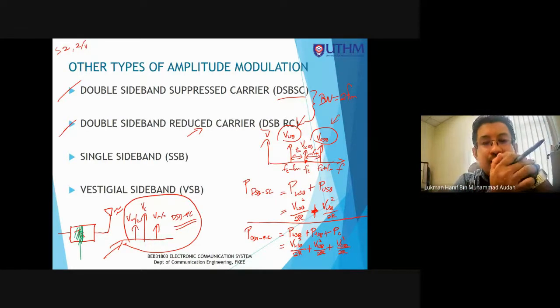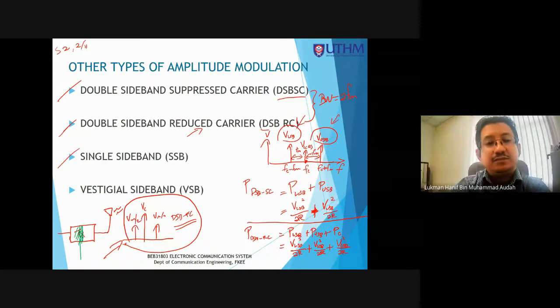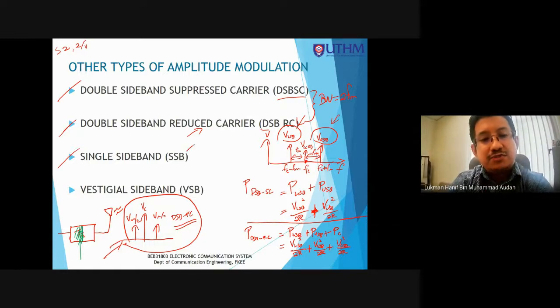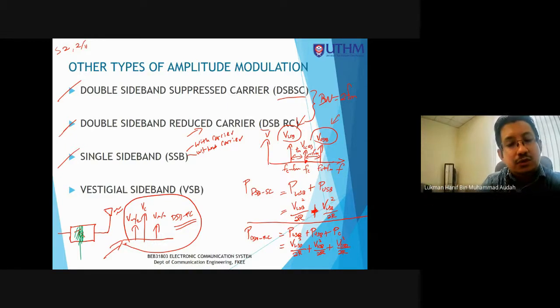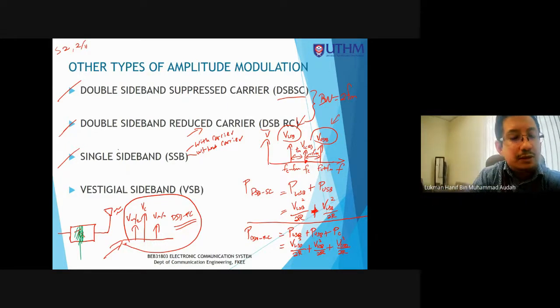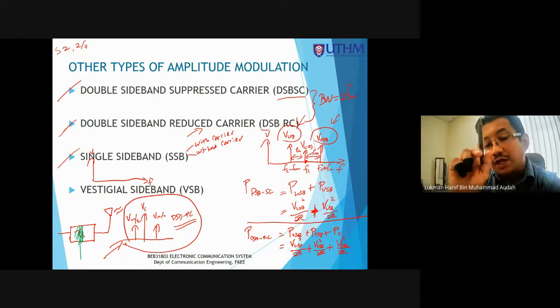And then we're going to see single sideband, SSB. SSB consists of two types: SSB with carrier and also SSB without carrier. When we want to draw the frequency spectrum, I will draw it here. Single sideband means that we have only one sideband.